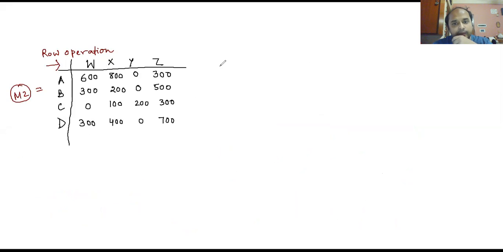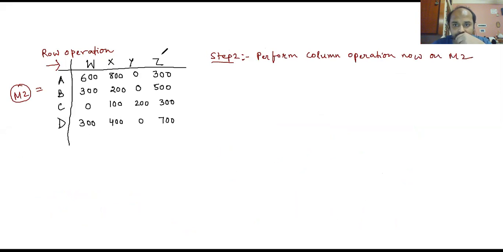I am going to apply the next step on matrix 2. Perform column operation now on matrix 2. What is the column operation?